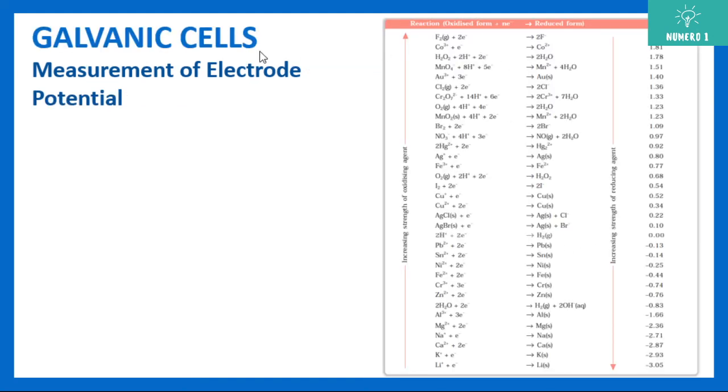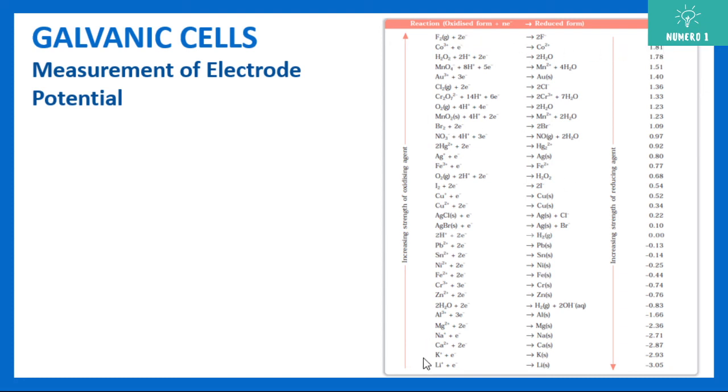A very interesting fact here is that this is a measurement of all the electrode potentials. The standard hydrogen electrode has zero potential. Anything above hydrogen, with a positive EMF value, is a strong oxidizing agent, so all those on the top are oxidizing agents, with fluorine being the strongest.